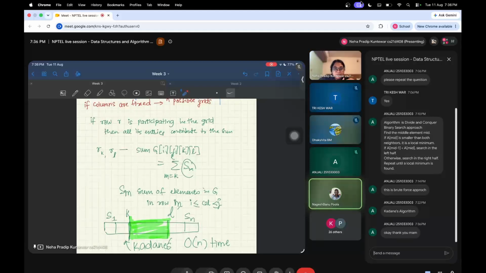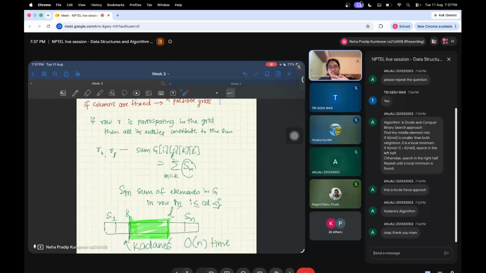Okay, that is a good question. I think n square is something that you may require. So n square should be a lower bound, because your entire matrix itself could be the biggest matrix, the matrix that achieves maximum sum.